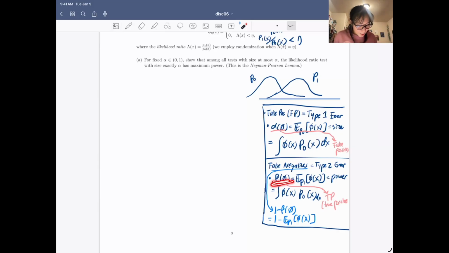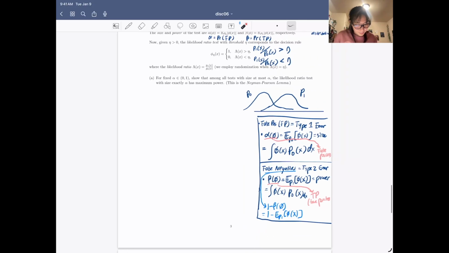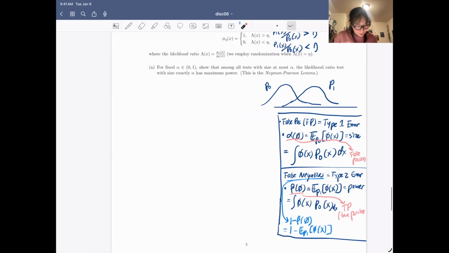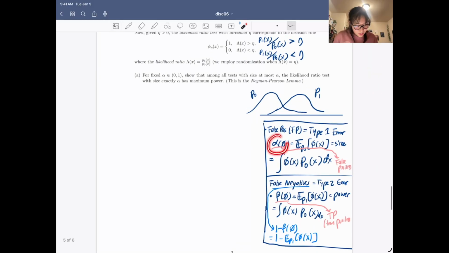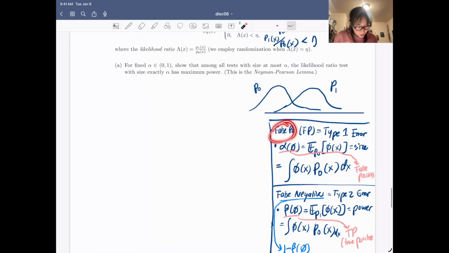Those are the only two choices it has, positive or negative. And so more commonly you will see 1 minus the power. 1 minus the power tells you the false negatives, or the probability of it being a false negative, and that is type 2 error. Okay, and so hopefully this box clarifies it a little bit. So this alpha of phi, again, think of it as false positives.